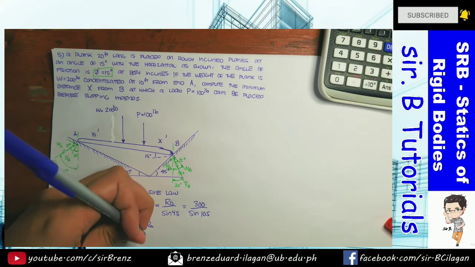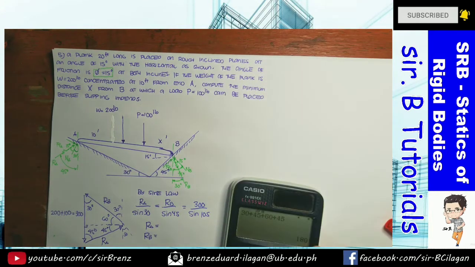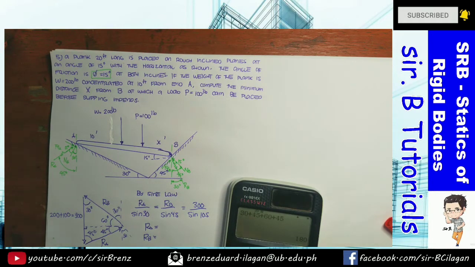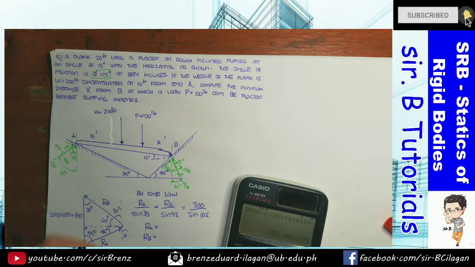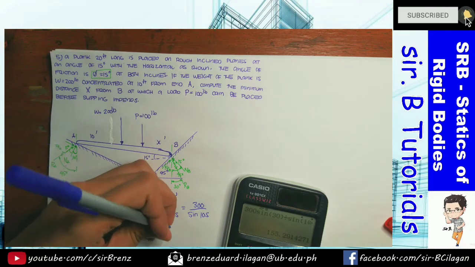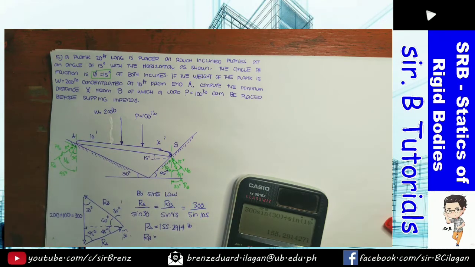So with that, mahanap natin yung RA and RB. Sige, kunin na natin pareho. So 300 sine 30 divided by sine 105. So RA is 155.2914 pound.